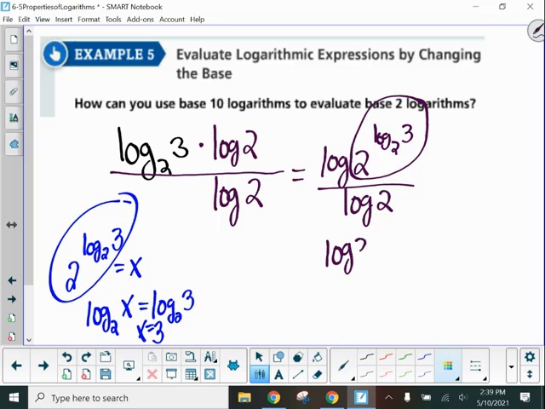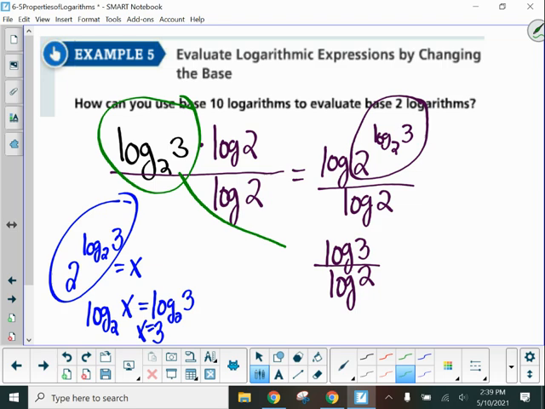So this is log of 3 over log of 2, which means that log base 2 of 3 is the same thing as the common log of 3 divided by the common log of 2. And that's what the change of base formula goes over.